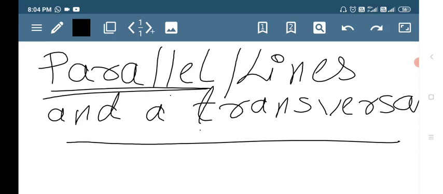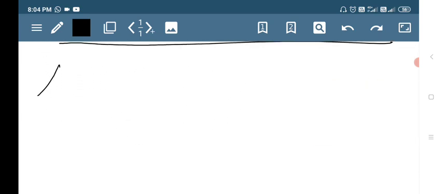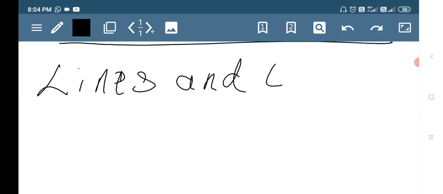Getting my point? First we will discuss lines and transversal. Then we will discuss parallel lines and transversal.